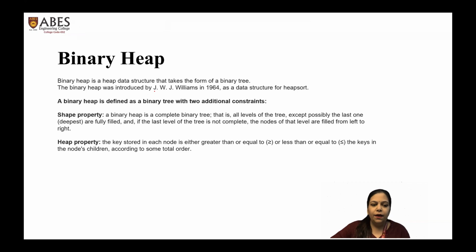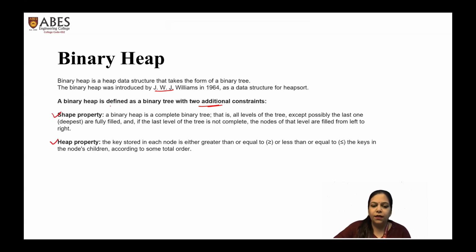So binary heap is a heap data structure that takes the form of a binary tree, and it was introduced by J.W.J. Williams in 1964. A binary heap is defined as a binary tree with two additional constraints. And these constraints are shape property and the heap property.